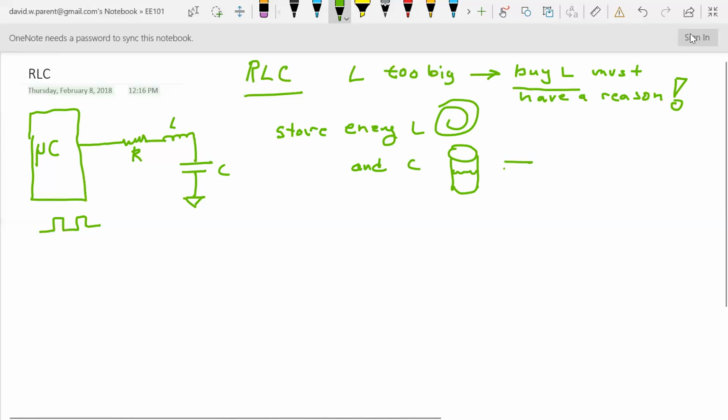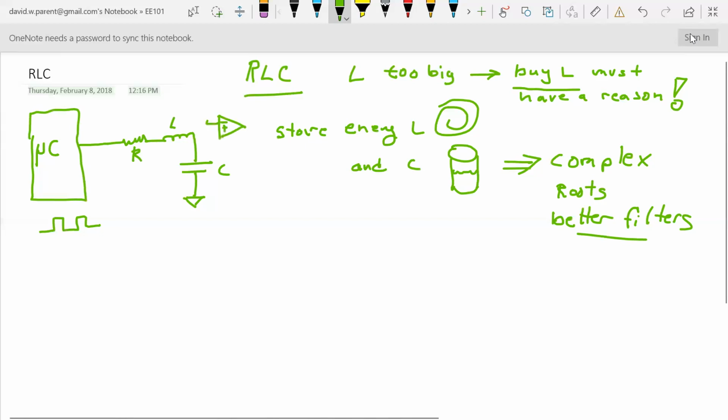Because of that, we can get complex roots and better filters. Now, don't let that throw you, right? And yeah, just so you know, you probably need an op amp at the end of it. All right.